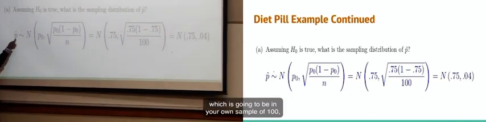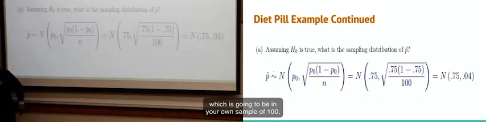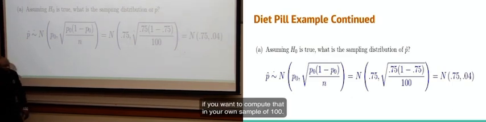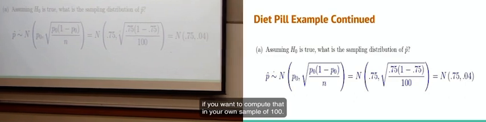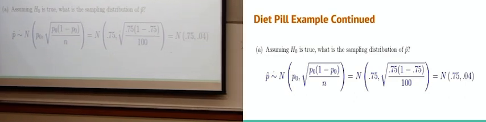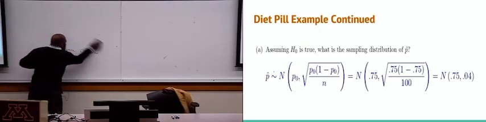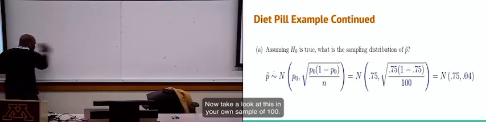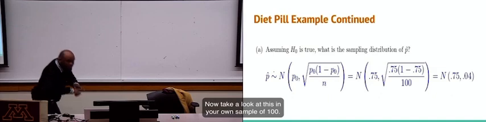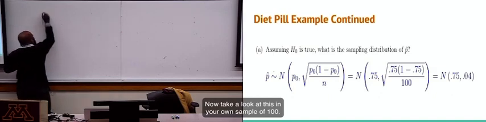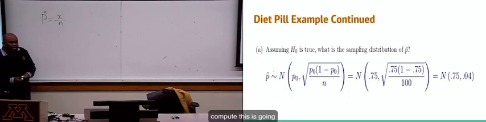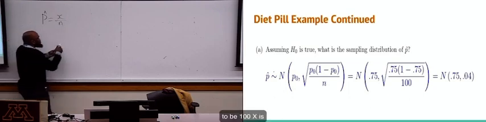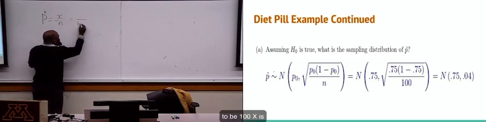which is going to be in your own sample of 100, if you want to compute that in your own sample of 100, now take a look at this. In your own sample of 100, this is the formula you want to use to compute that. n is going to be 100.